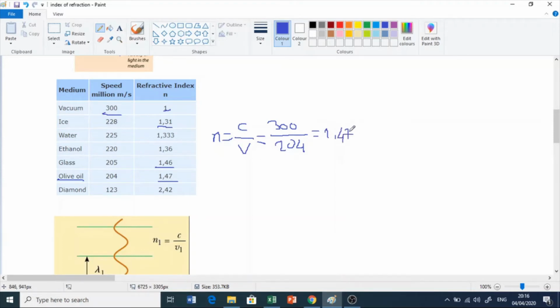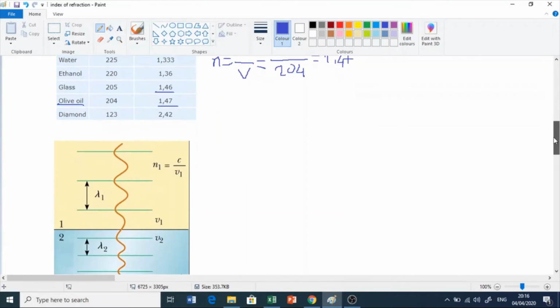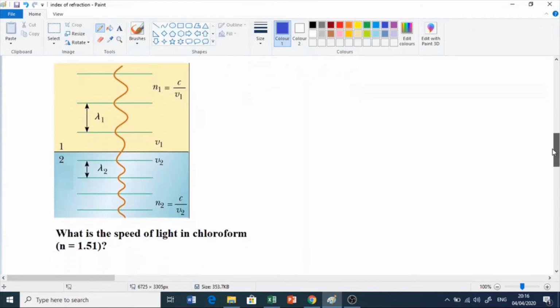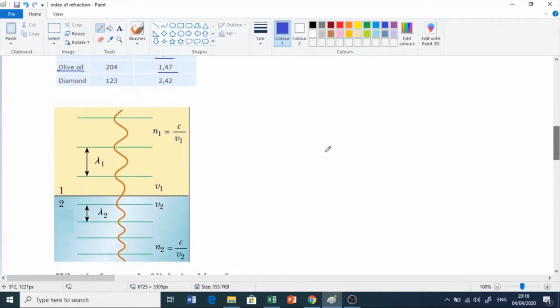Okay, that's it. So let's go to the next concept. You have two different mediums. The index of refraction of the first medium is n1, and that of the second one is n2. This one is equal to c over v1, and this is c over v2.